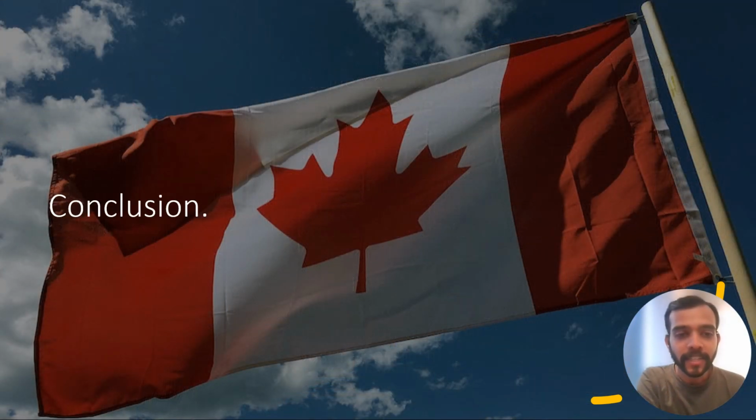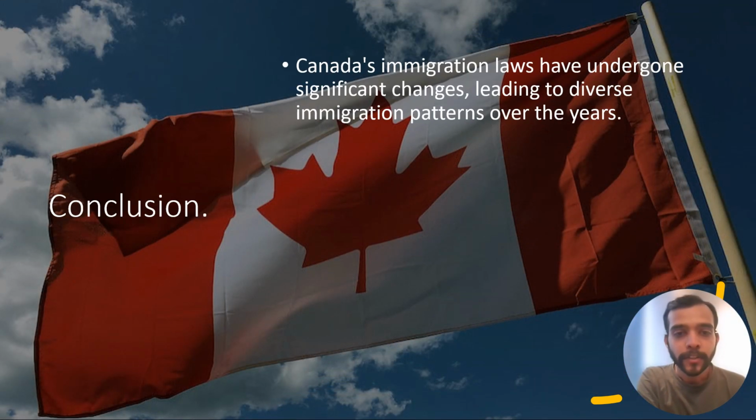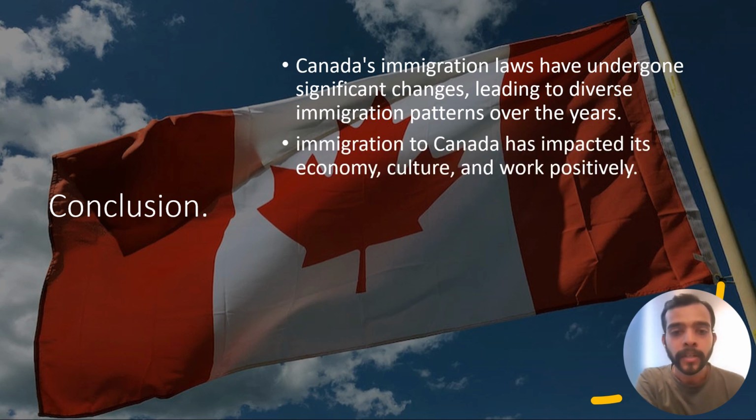So now let's conclude our presentation. At first we have seen that there are various immigration laws that have been introduced by the government, but earlier they were not as effective as now. Immigration to Canada has positively impacted various things such as economy, culture, and work.